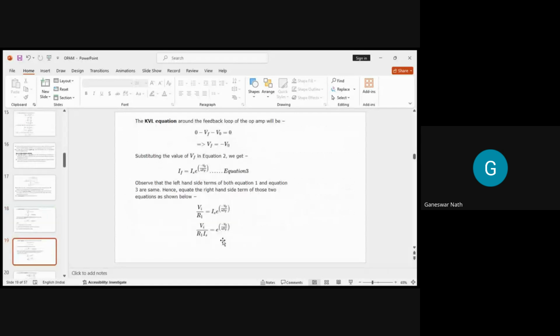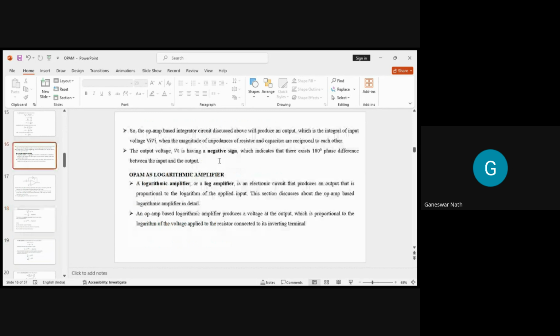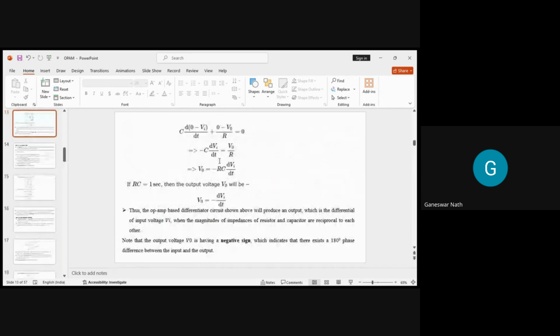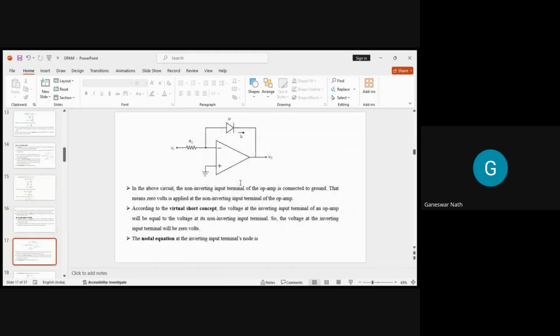Now similarly, if you apply Kirchhoff's voltage law, the equation around the feedback loop of the gain is equal to 0 minus Va minus V0. In this circuit diagram you can find the non-inverting input terminal of the op-amp is connected to the ground.